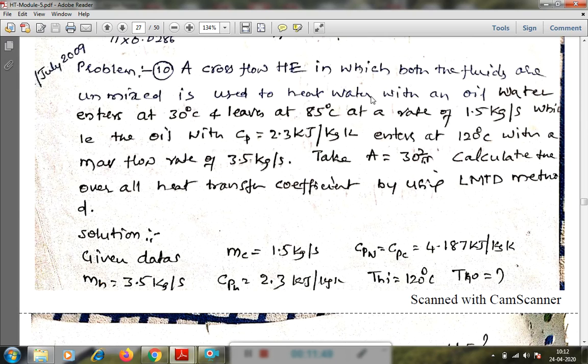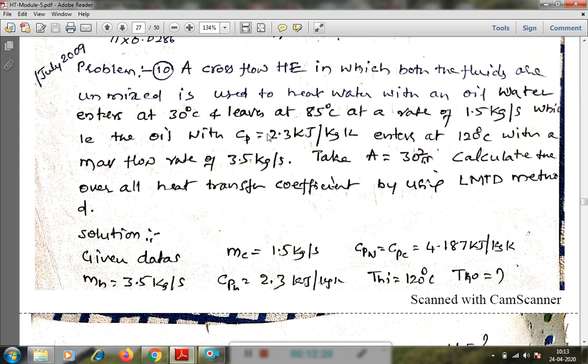A cross flow heat exchanger in which both fluids are unmixed is used to heat water with an oil. The water enters at 30 degrees Celsius and leaves at 85 degrees Celsius at a rate of 1.5 kg per second.